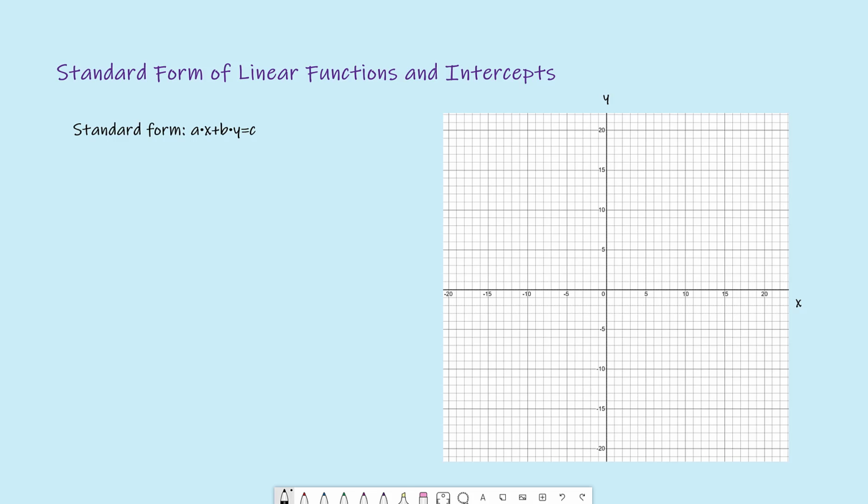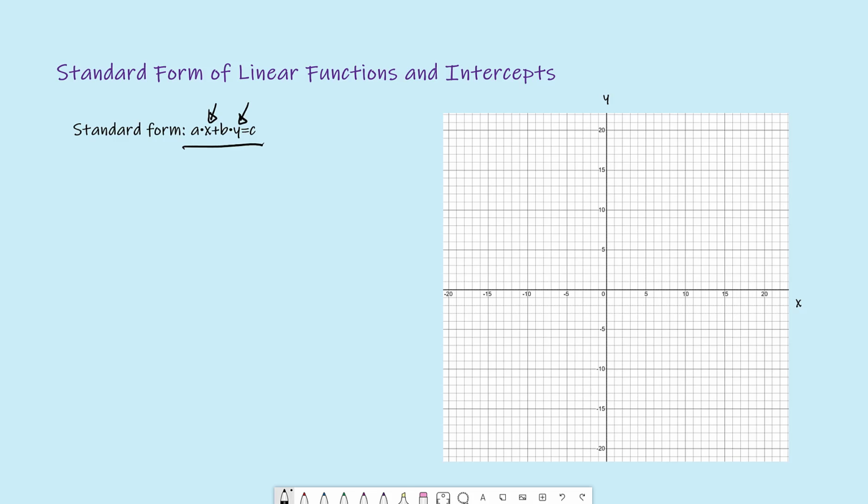So the standard form of linear functions is given by the form here that is written in a general form, ax plus by equals c. In this form, our inputs, which are usually the x's, and our outputs, which are the y's, are getting the same weight or the same significance.